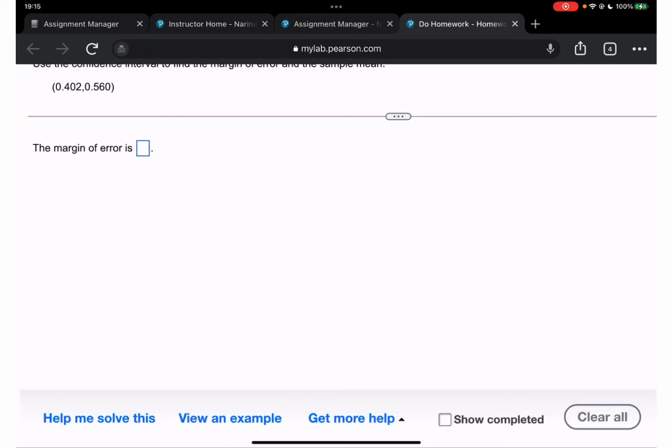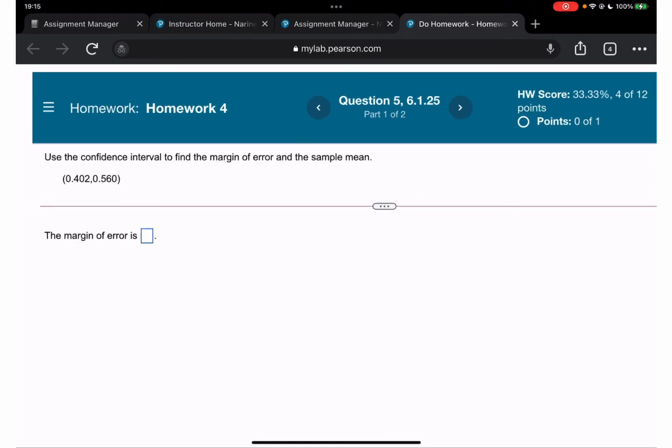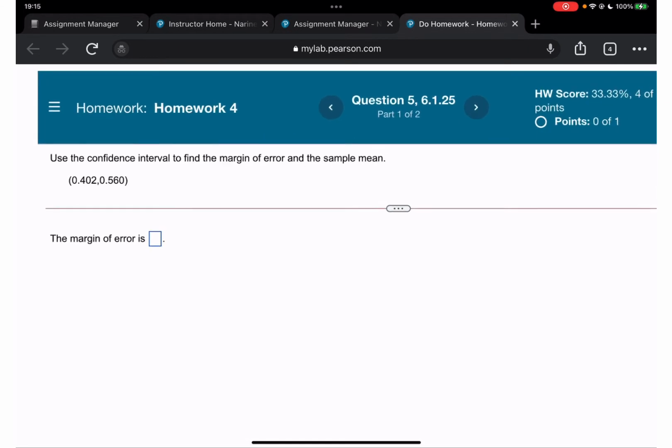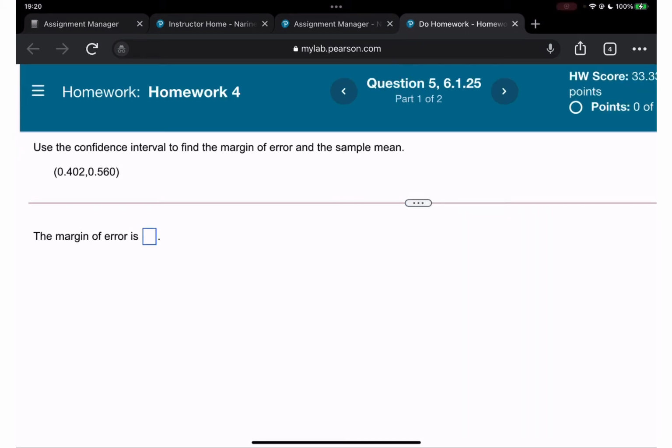Next question, number 5. What do we have here? Use confidence interval to find the margin of error and sample mean. So let me explain. We need to find margin of error.